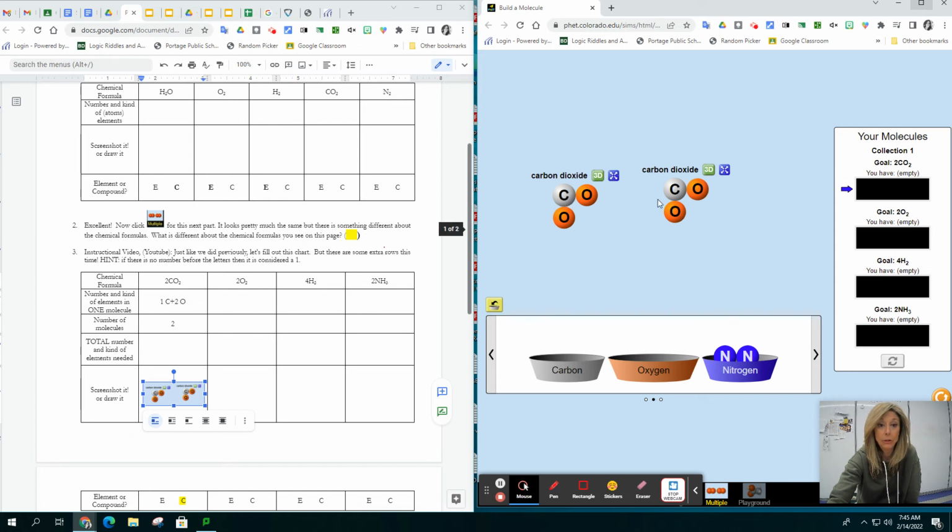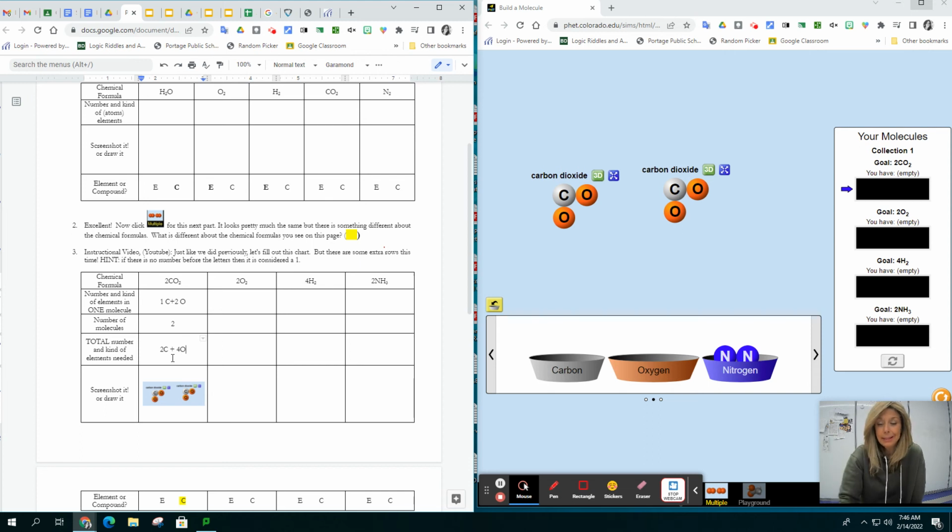Well, we need 2 carbons. Okay, we needed 1, 2, 3, 4 oxygens for the entire chemical formula, 2 carbon dioxides.